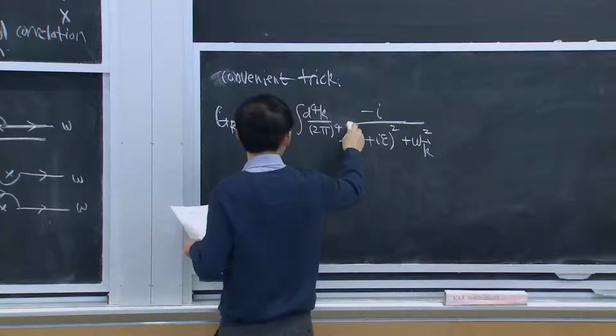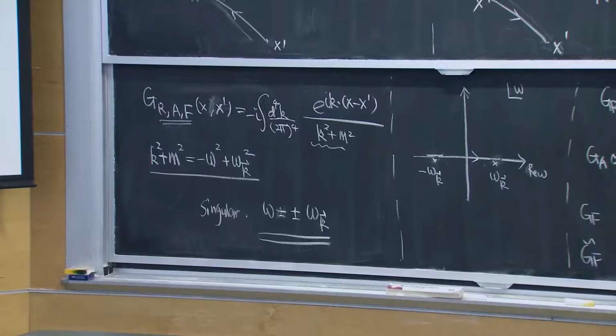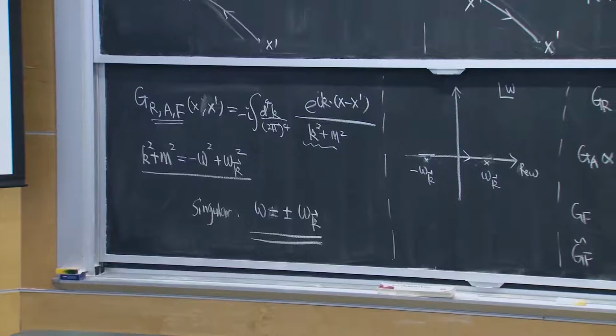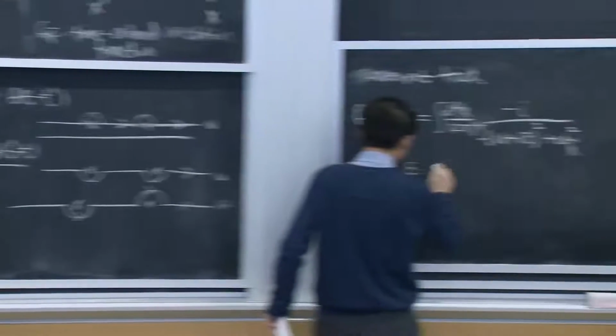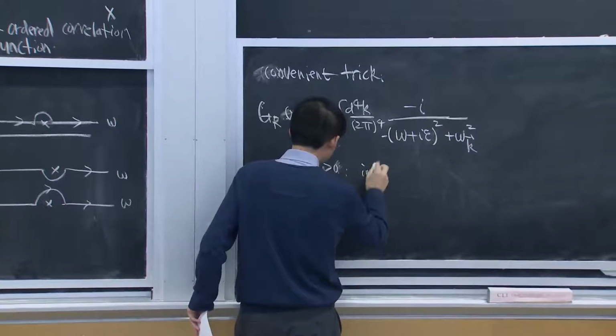Okay? So the denominator previously was minus omega squared plus omega_k squared. But now I add a tiny piece, where epsilon is positive and infinitesimal.